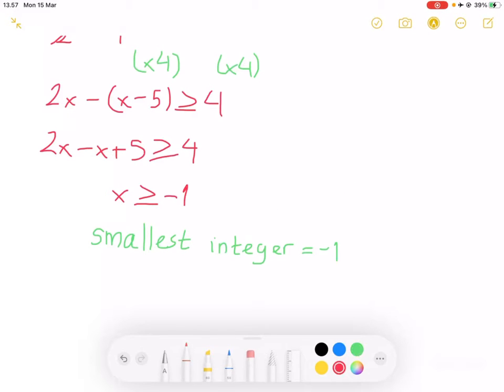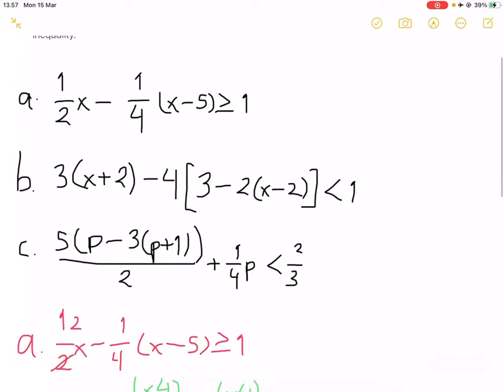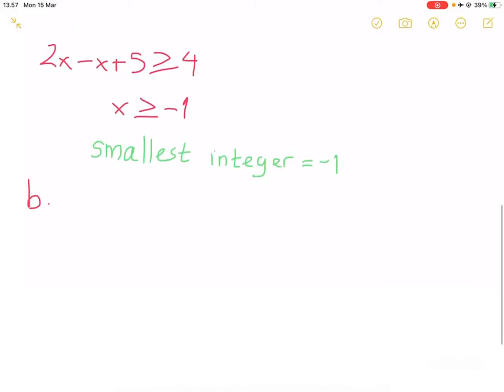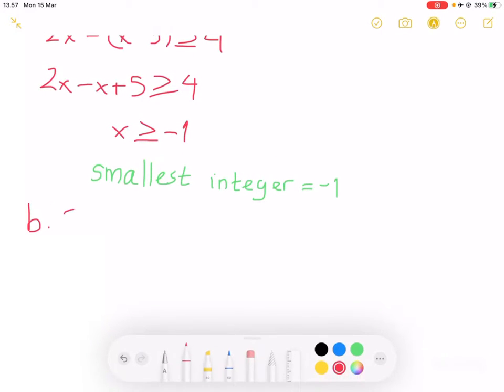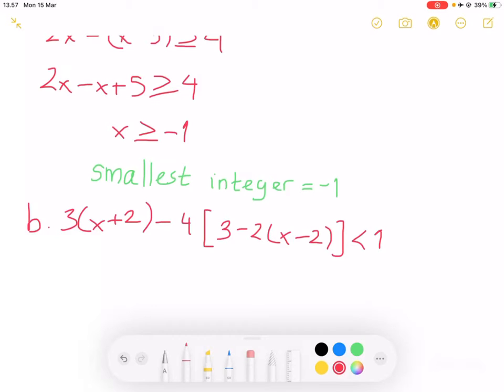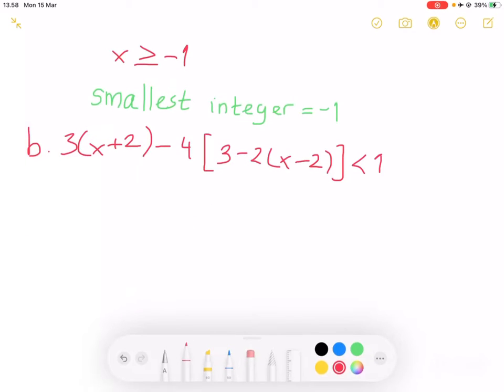Let's jump into part B, which is 3 times x plus 2 minus 4 times 3 minus 2 times x minus 2 is less than 1. First of all, we can expand the brackets here.